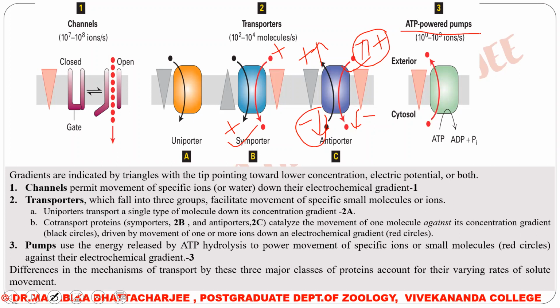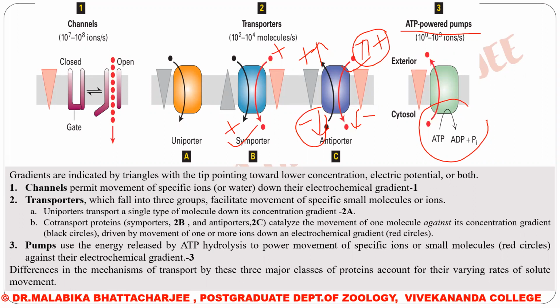Here also we saw that same movement, but one movement was buffered by another movement. Here only one ion or a small molecule is moving against its electrochemical gradient, and this movement is possible because of the breakdown of ATP to release energy. So pumps use the energy released by ATP hydrolysis.